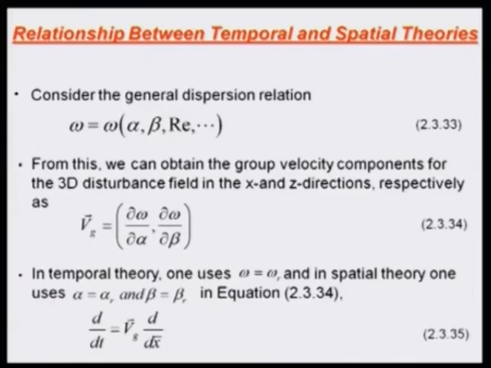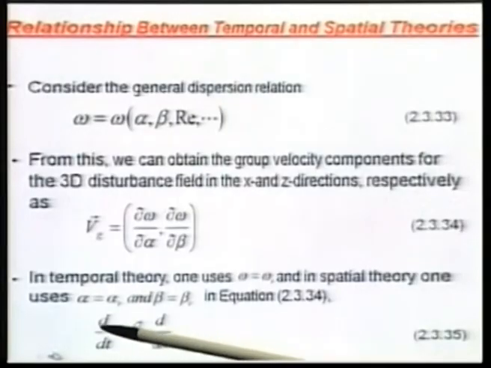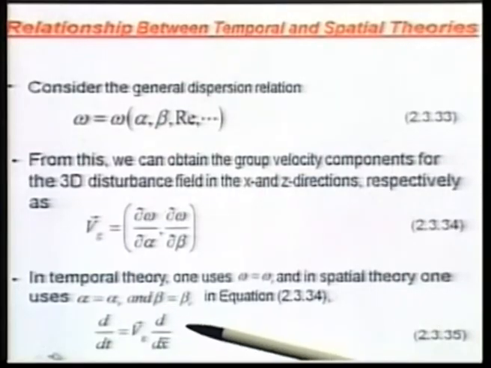However, we can see that somehow the time growth can be related to the spatial growth if we know the speed at which the disturbance is travelling. So, that is what is written here heuristically.